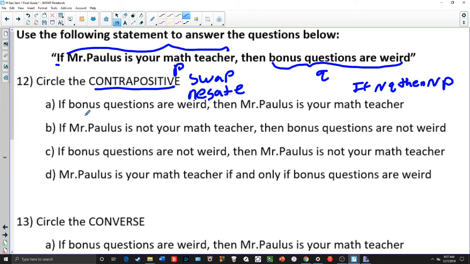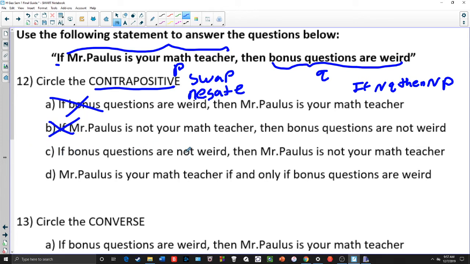Let's see which one has those. If bonus questions are weird, that's not going to work. If Mr. Pauls is not your math teacher, well, that has the not, but I want not Q, I don't want not P. So this one isn't going to work.